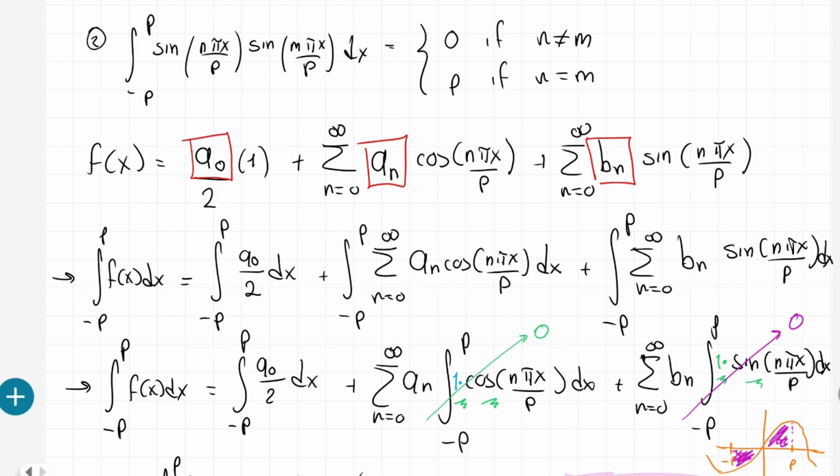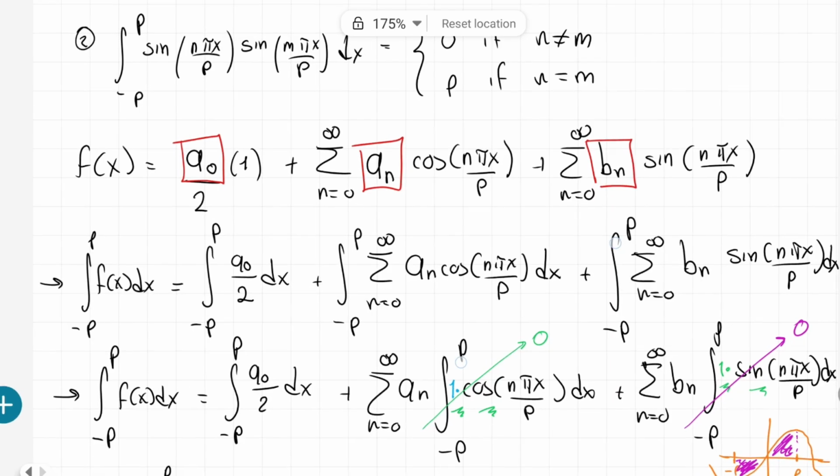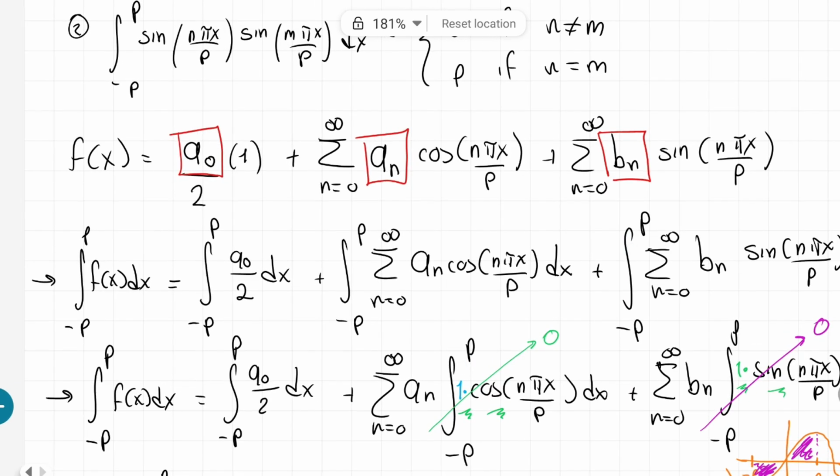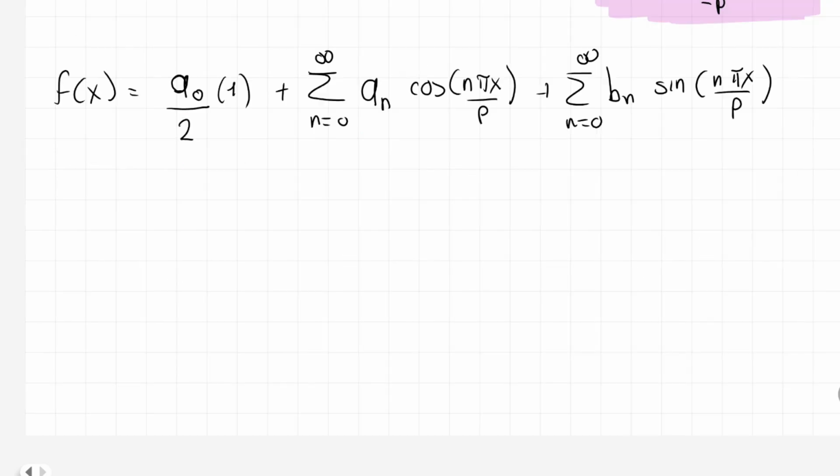We will see that the sine times the cosine integrated on the interval will be 0, so this term will be cancelled. This term will survive, but only when n is equal to m, and this term will be cancelled due to orthogonality. So that is what we want to do to find a sub n and b sub n. Let me rewrite this expression again to do that.